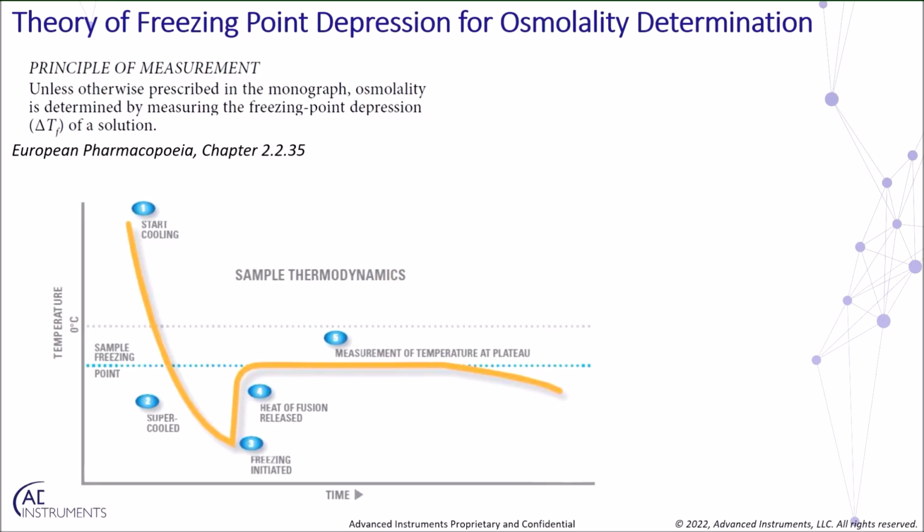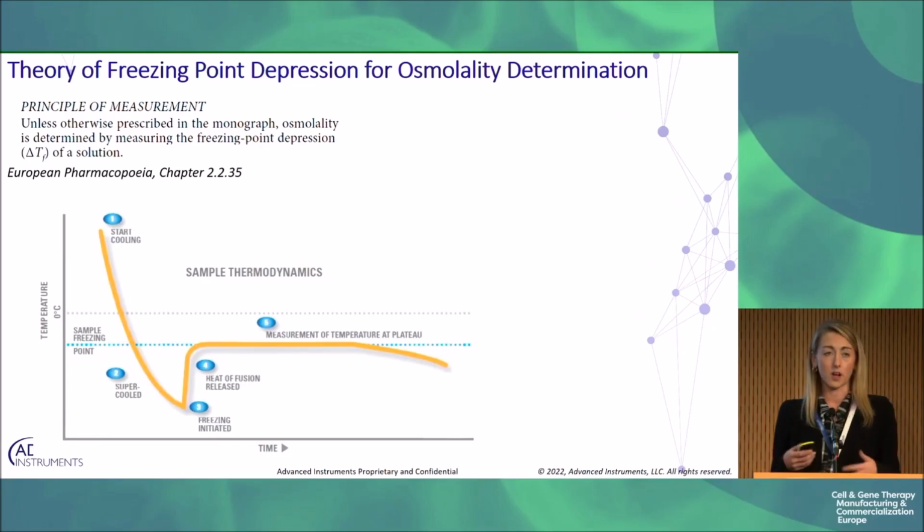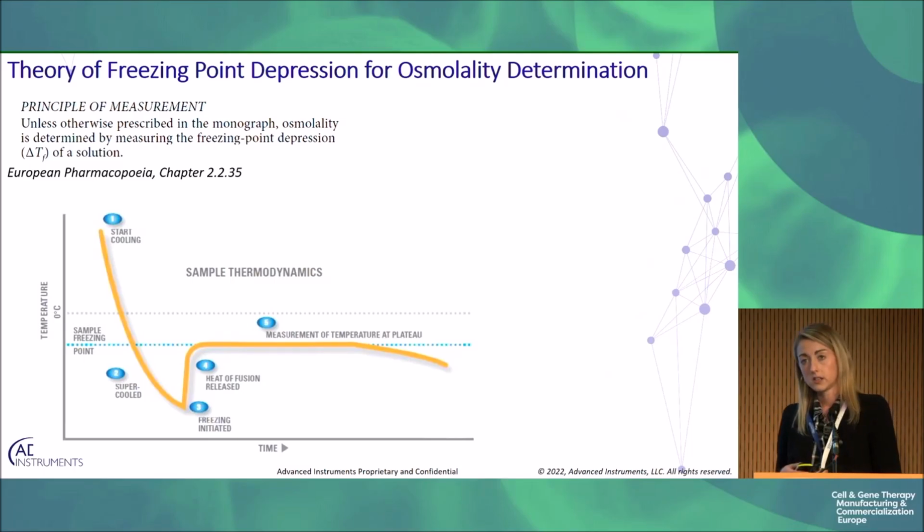At point 3, we are initiating freezing. Within our instruments, we do this by mechanical agitation. If you have AI's instruments, you will know that by a knocking noise. This initiates the nucleation or crystallization of that solution.